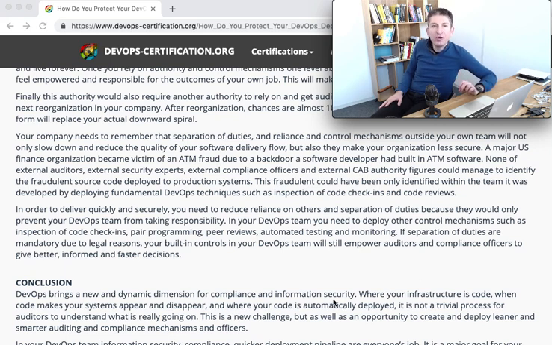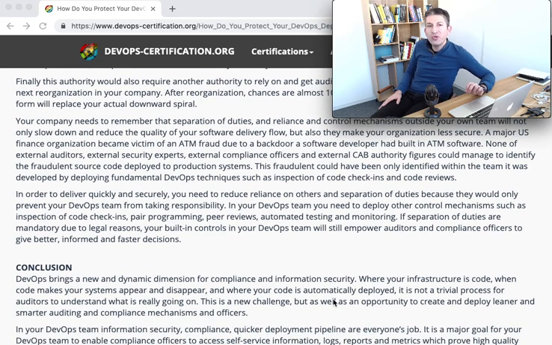There's a very typical example about this. A major US finance organization became a victim of an ATM fraud due to a backdoor a software developer of their own built in their ATM, the automated teller machine, software. And none of the external auditors, external security experts, external compliance officers, and external authority figures could manage to identify the fraudulent source code deployed into their production systems.